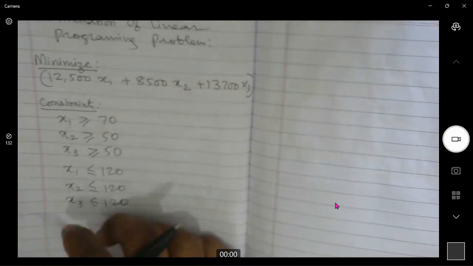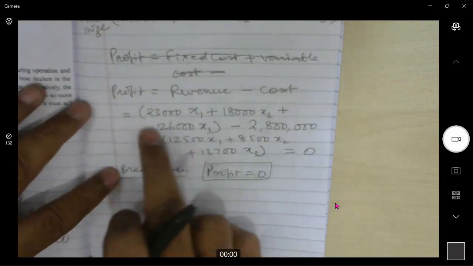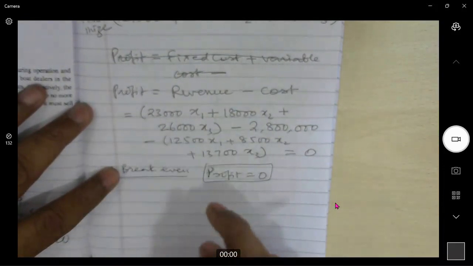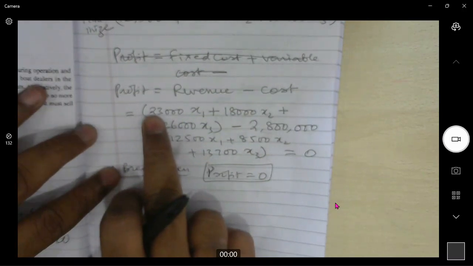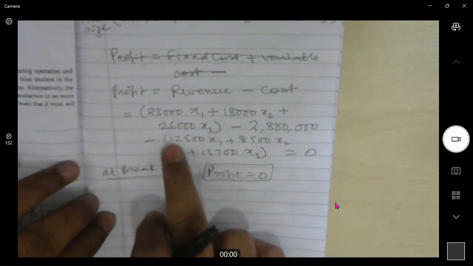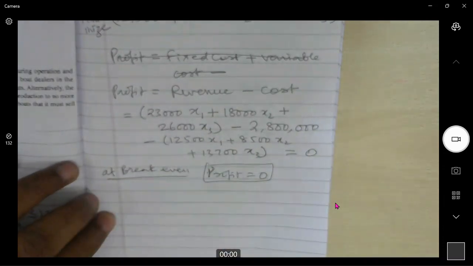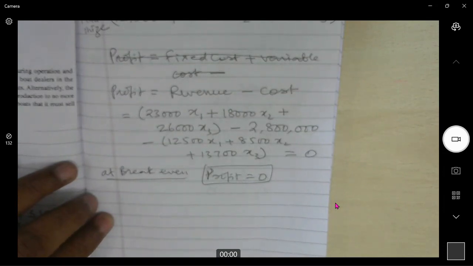One more final equality constraint I have, that is this one. So let us simplify this. Okay, so how do you simplify? See, 23,000 x1 is positive, then minus 12,500 x1. So these two I can subtract to get the final x1. Okay, so let me show that to you.